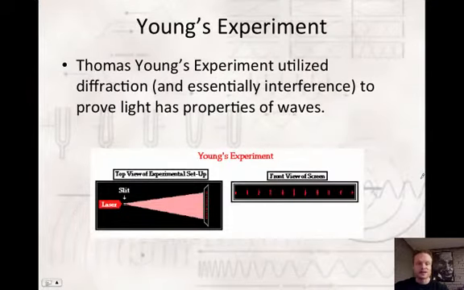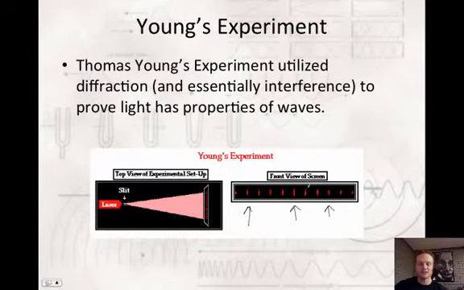Okay, so here is Thomas Young's experiment and maybe how we can run it in class. Instead, we're going to utilize a laser, and then we're going to have two small slits, and we're going to shoot this laser beam through these two small slits, and the light is going to be projected onto a wall or a screen, and the screen will show bright bands, which are represented here and here and here.